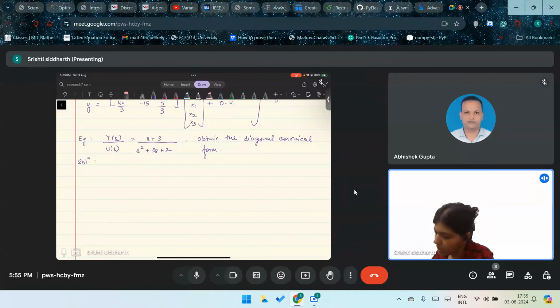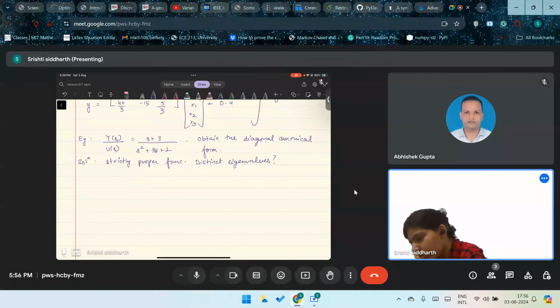So let's see first that it's a strictly proper transfer function. And to see if it has distinct eigenvalues, let's look at the roots of the denominator. So let's check.